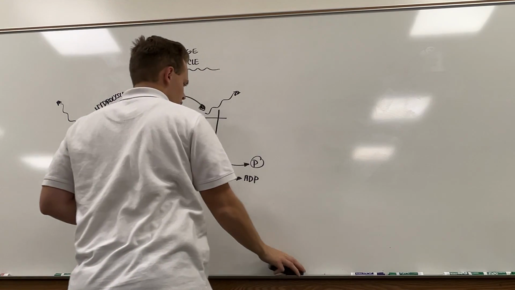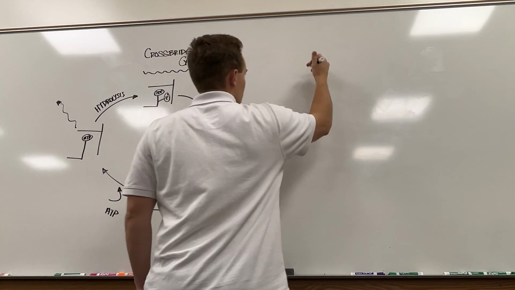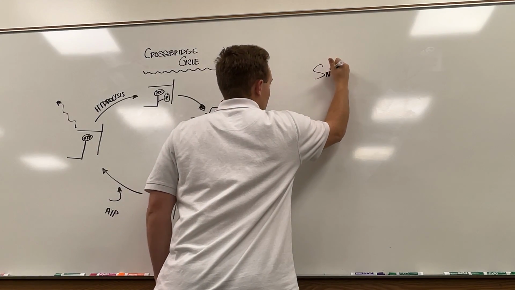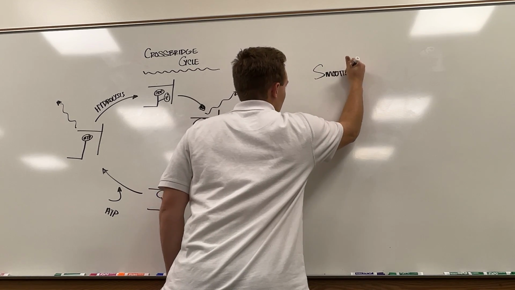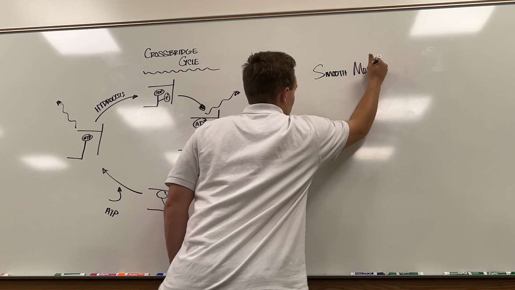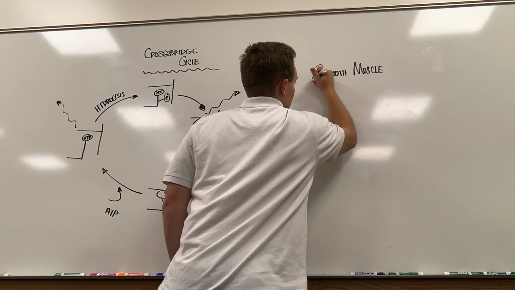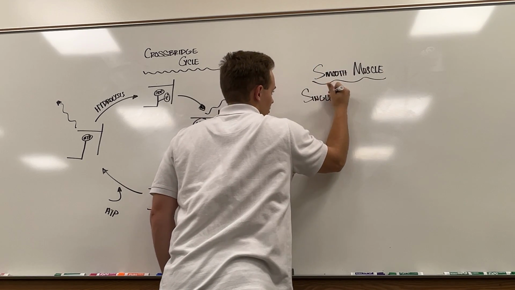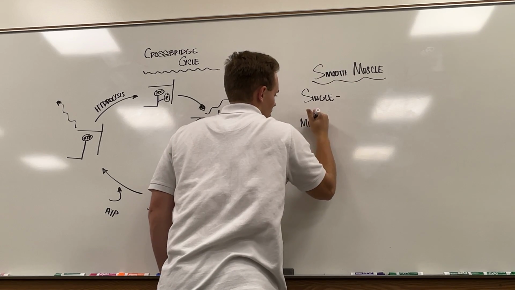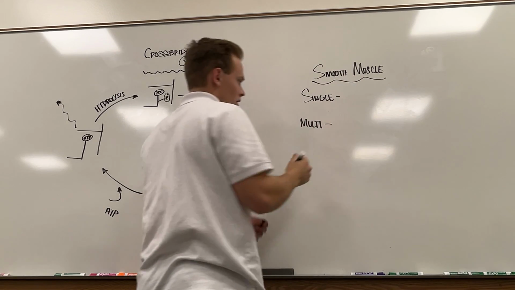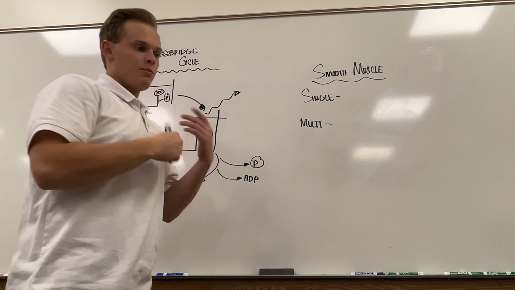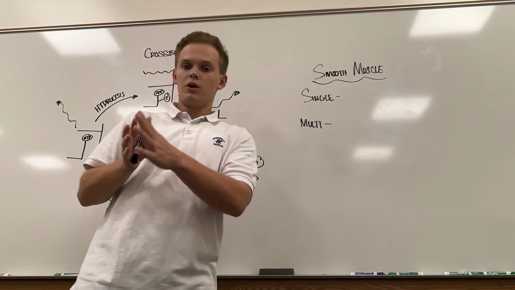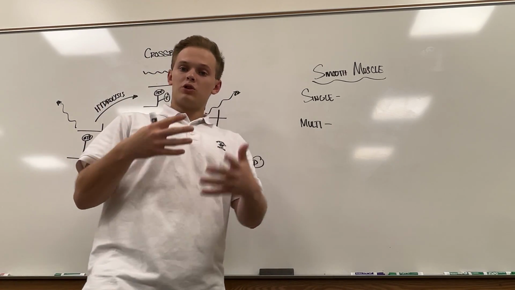Now we're going to move on to smooth muscle, okay? So smooth muscle can be divided into single unit and multi-unit. Now this is basically just talking about innervation. For example, the muscle fibers are innervated by one neuron, or they're innervated by a bunch of different ones.